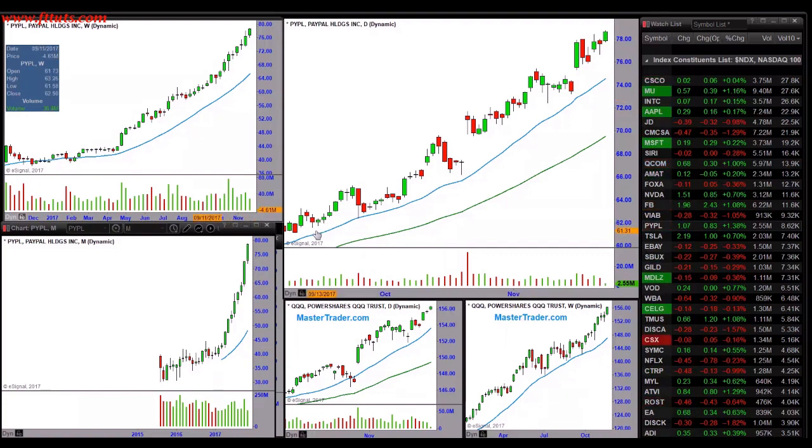Looks like it's headed to 100, but you have to just continue to monitor what's happening and mark off major support. Here's an unfilled gap, and you just continue to monitor, and the assumption is that the trend will continue higher until it fails. And until that happens, you can say it's extended, and extended has become more extended and more extended.